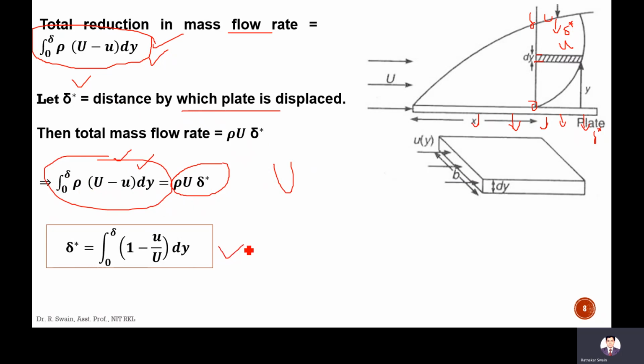So delta star is equal to the integration from 0 to delta of (1 minus u by U) into dy. This is called displacement thickness, the expression for displacement thickness. If we know the velocity u in terms of capital U, we can determine this delta star.